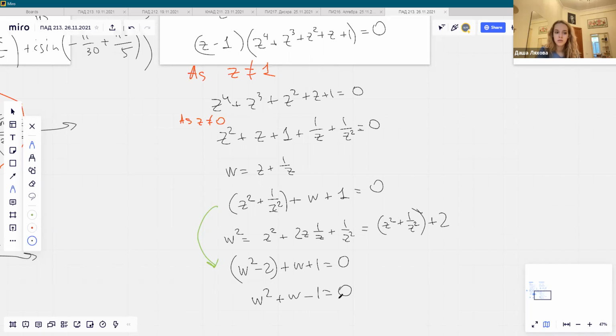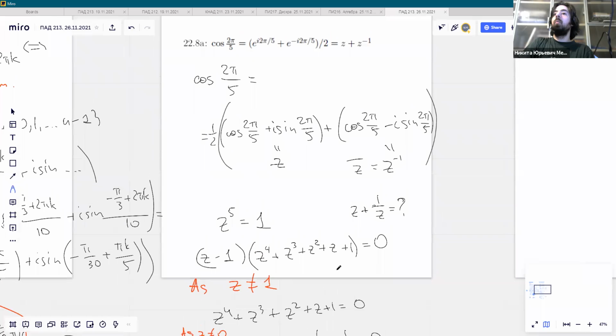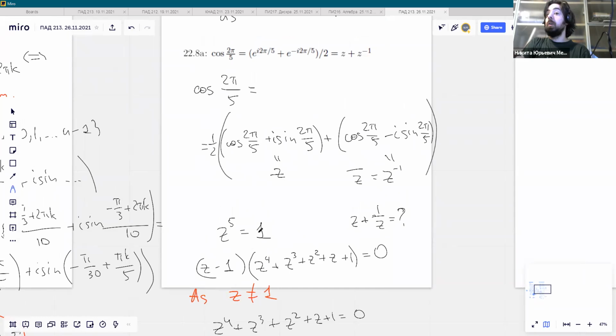Why Z isn't equal 1? Well, because again, we are not looking for the root 1. We know it exists, but that's not the root we're looking for. Z equals this. But 2 pi over 5 is not 0, is not 2 pi k.